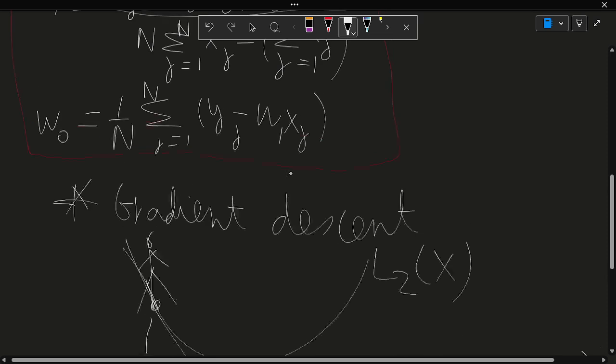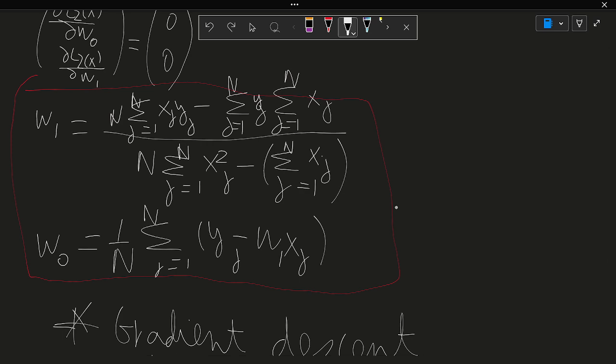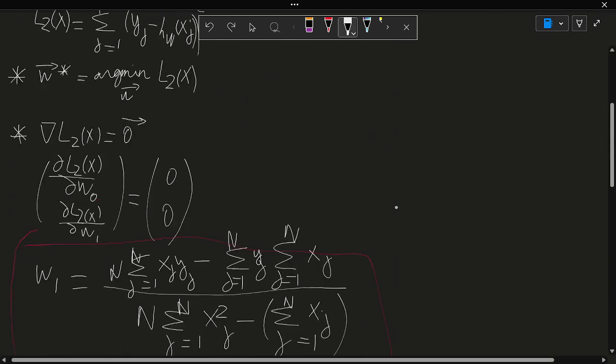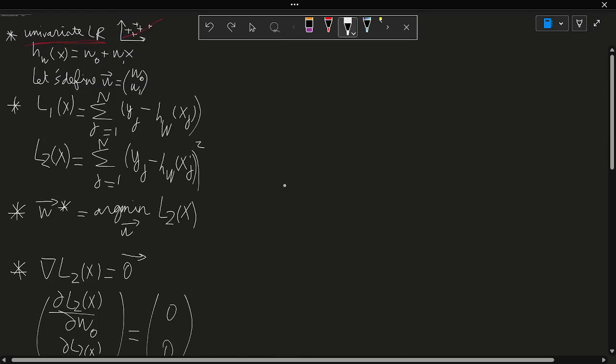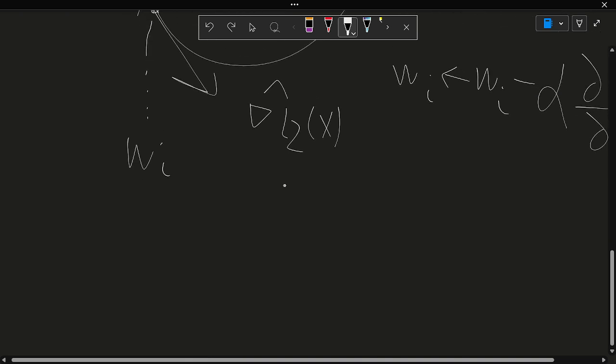So if you can't figure out this guy right here, because for various reasons you don't really have a closed form solution, and that would not happen in our case, right? In our case we have a closed form solution, but we're just talking about a very generic case. What you do is you basically follow the gradient descent algorithm, which is, first step, initialize your W vector, right?